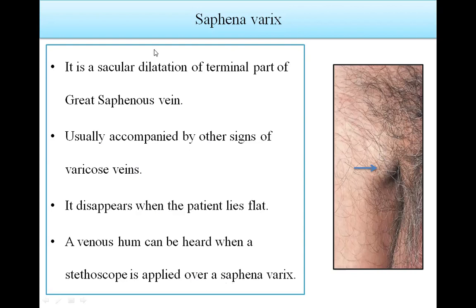So saphena varix is a condition where the saccular dilatation of the terminal part of the great saphenous vein occurs, and we know that the great saphenous vein terminates into the femoral vein 3 to 4 centimeter below the inguinal ligament. So you have to differentiate between the saphena varix and the femoral hernia.